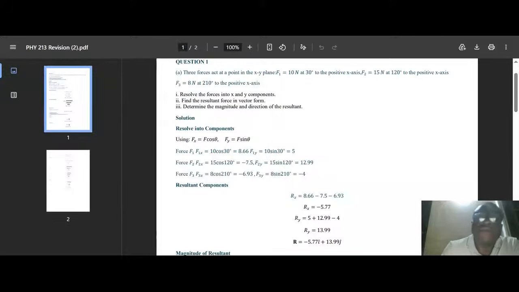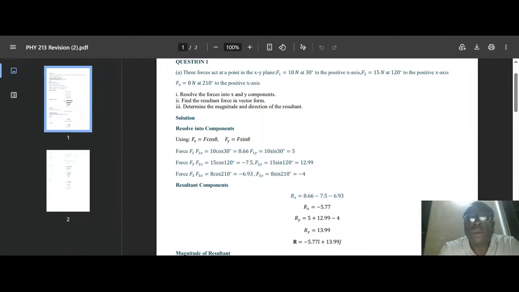And by the time you evaluate this, you have the values. The value of cos 30 multiplied by 10 will give us 8.66. The value of cos 120 times 15 will give us minus 7.5. Then the value of cos 210 times 8 will give us minus 6.93.